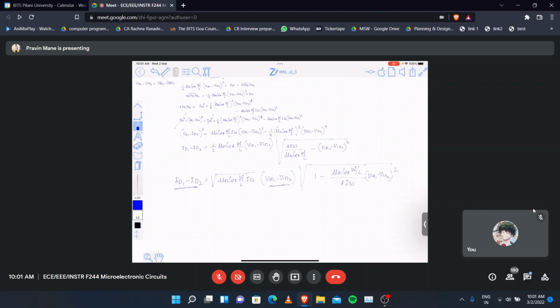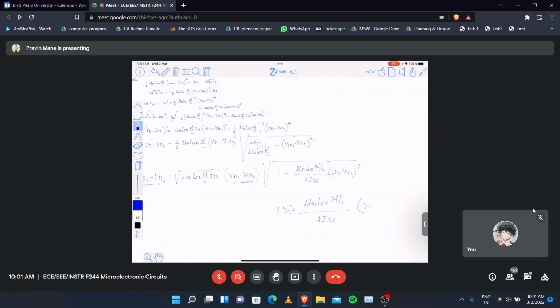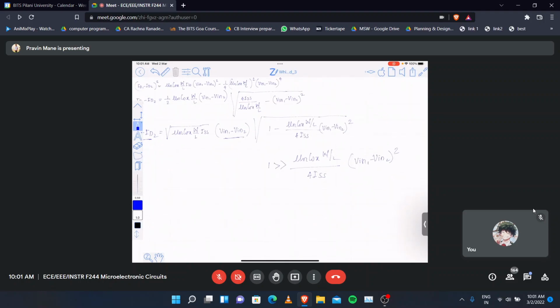So what should happen? The square root quantity should not be there. When is that possible? When 1 is very, very much larger than mu n Cox W by L upon 4 ISS times (Vin1 minus Vin2) whole square. Under this condition, 4 ISS upon mu n Cox W by L should be very much greater than (Vin1 minus Vin2) whole square.